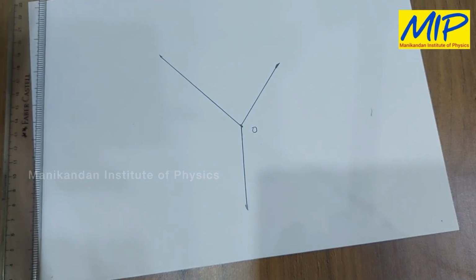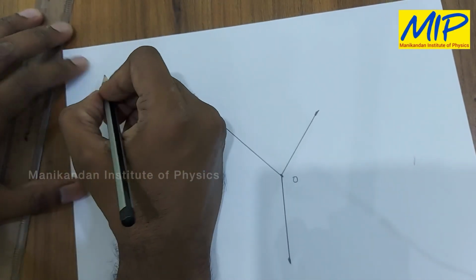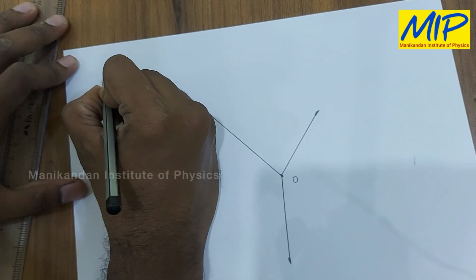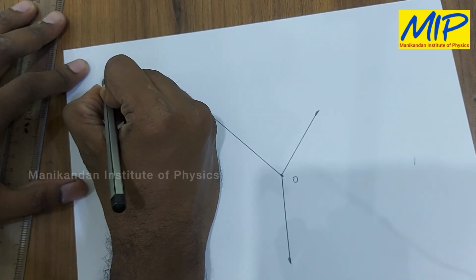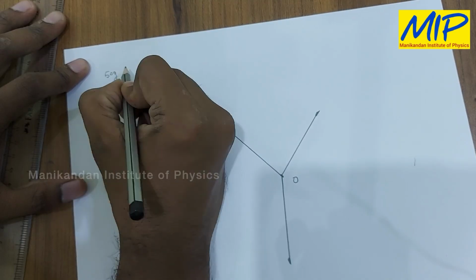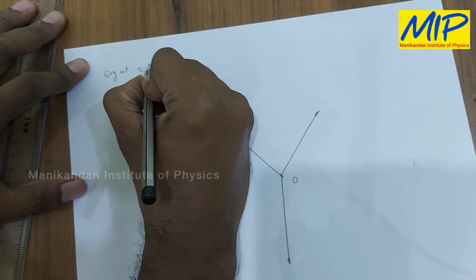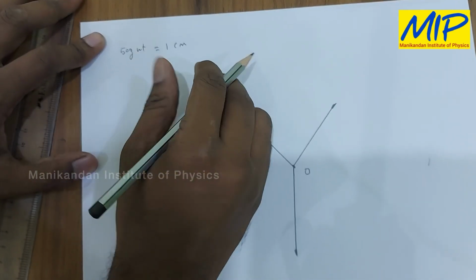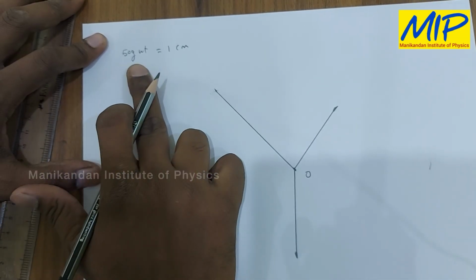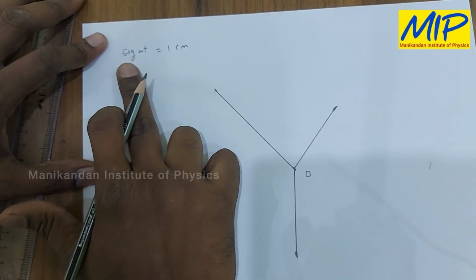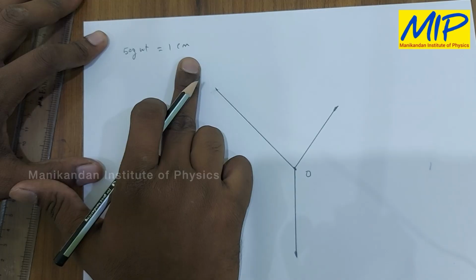So first we took the scale. The scale used here is 50 grams of weight equals 1 centimeter.